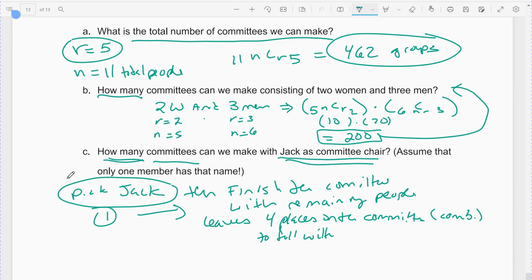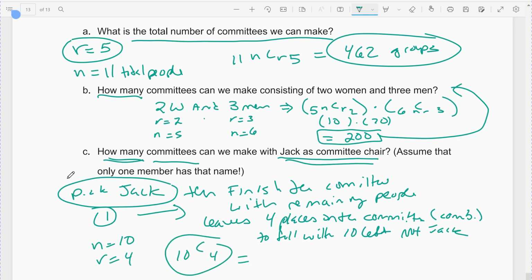So if there were 11 people total, and I pulled Jack out, there should be 10 left that are not Jack, because there's only one Jack. So the problem now is just I fill out the rest of my committee. There's now just a committee of 4 that I've got 10 people left to finish. So it's a combination. n is 10, r is 4. So 10 choose 4.